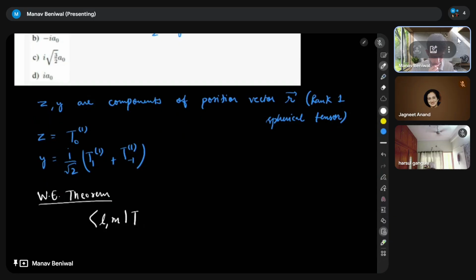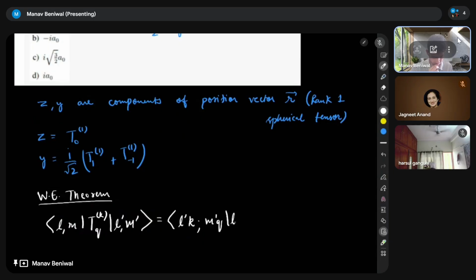The theorem is: L, m, T_q^k, L prime, m prime. This we can write as the Clebsch-Gordan coefficient L prime, k, m prime, q, L m, and then this thing.